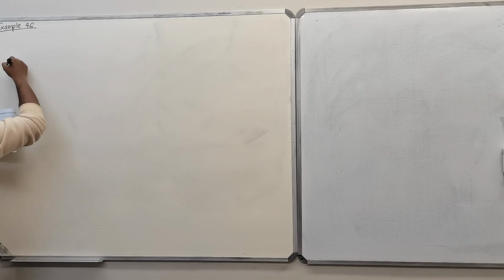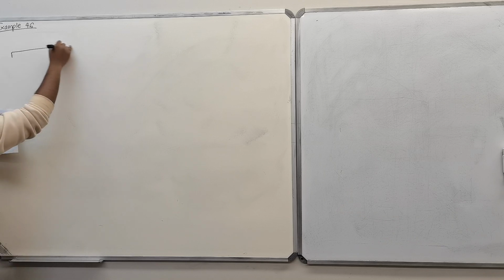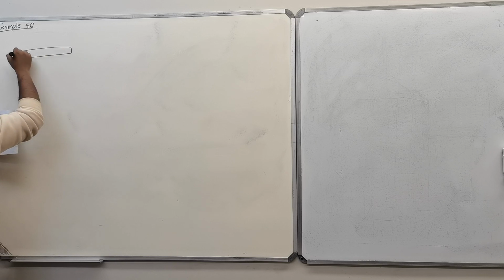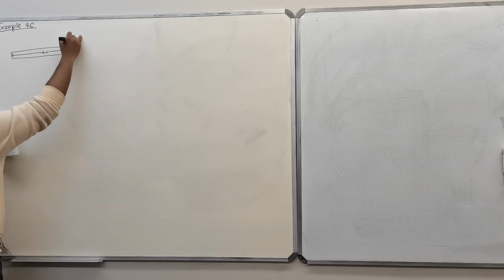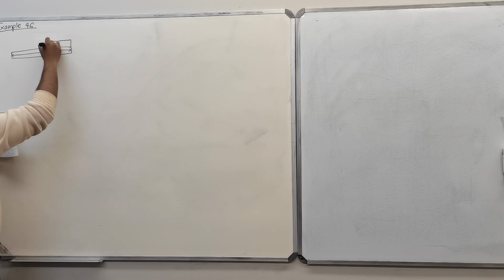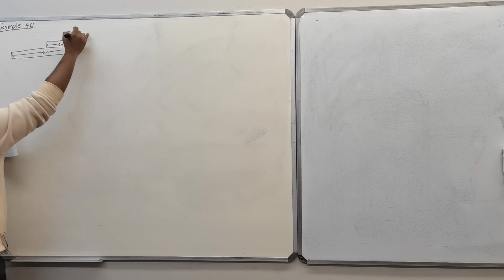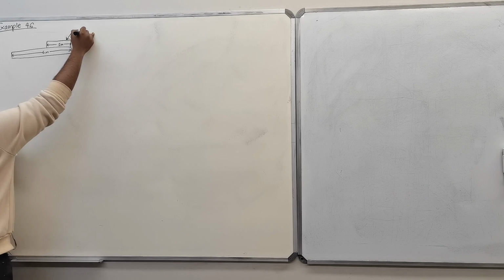Let me just draw. Okay, so they tell you a simple beam is 6 meters long. A uniformly distributed load of 2 kilonewtons per meter extends over a length of 2 meters from the right hand direction. So this says 2 meters, and it has a magnitude value of 2 kilonewtons per meter.